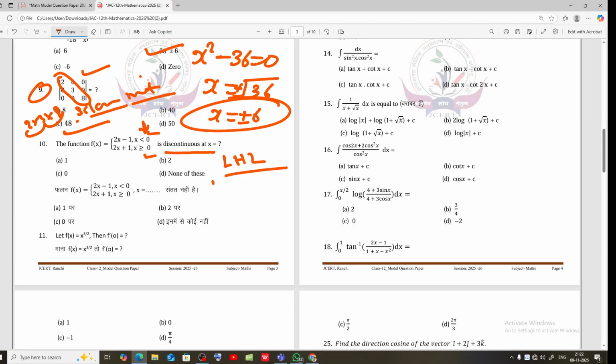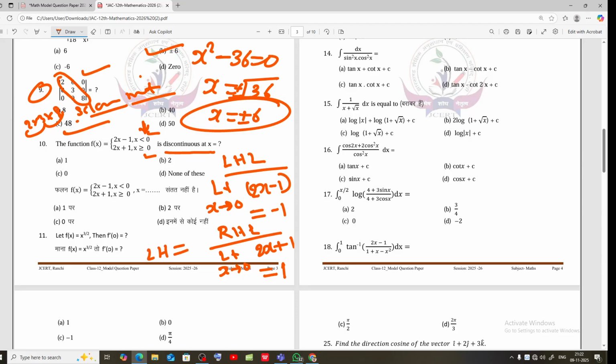You have limit x tends to 0, 2x minus 1 equal to minus 1, replacing x with 0. And the right hand limit is limit x tending to 0, 2x plus 1. That means the value will be 1. LH limit can't equal RH limit. So at 0 it is a discontinuous point.